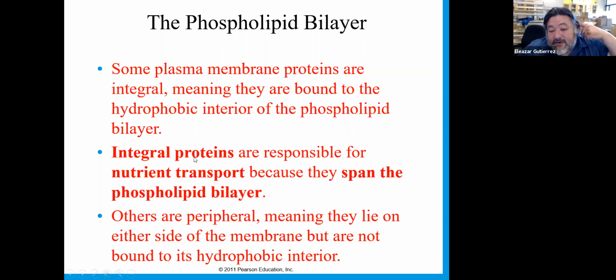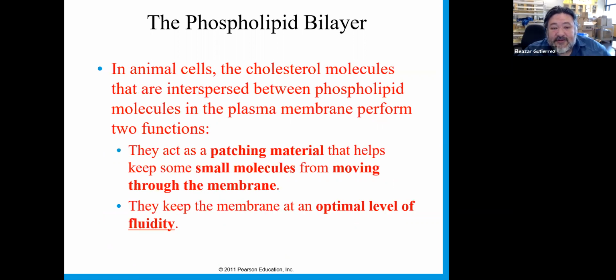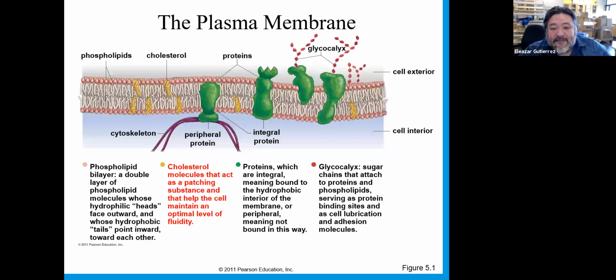Okay. So again, if you need something to go into the cell or out of the cell, you need something that spans the cell membrane, right? So we're looking at something like this guy right here, although that's a receptor. But you need something like this that's a channel.